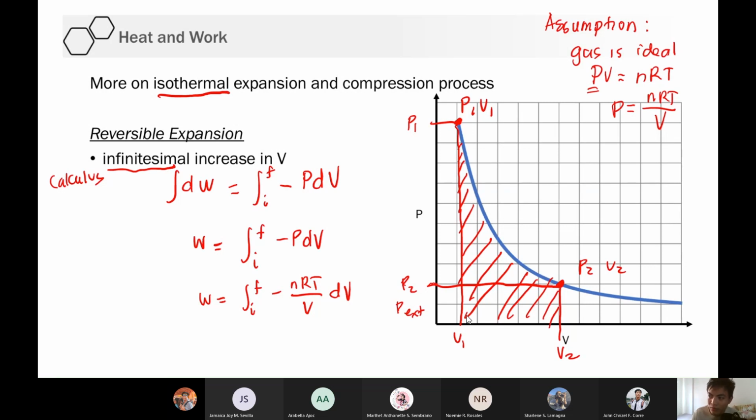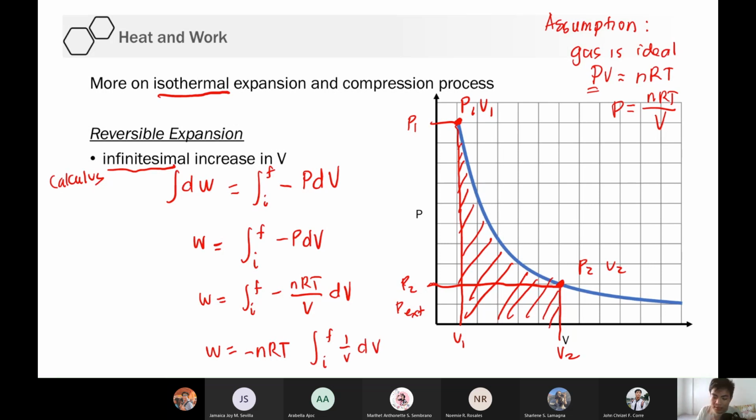From here, papunta doon. But everything else is constant. So we can write work as the integral from initial to final. Ay, hindi, mali. Labas natin yung mga constant. Negative nRT, integral, initial, final, 1 over V dV.